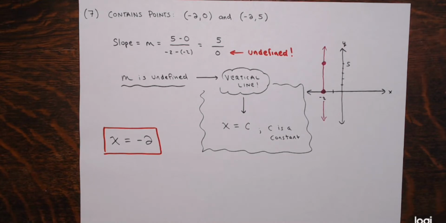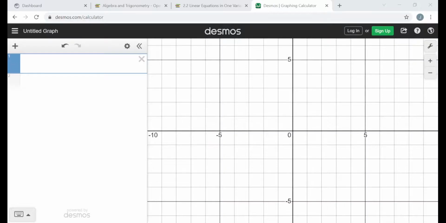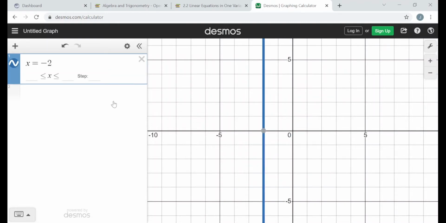Now you could write x plus 0y equals negative 2 if you want it in standard form or whatever, but remember, having a coefficient of 0 is kind of silly. Why bother writing it if it's just going to be nothing? And then back here, just see what happens when I put in x equals negative 2. See, it's a nice straight up and down vertical line.